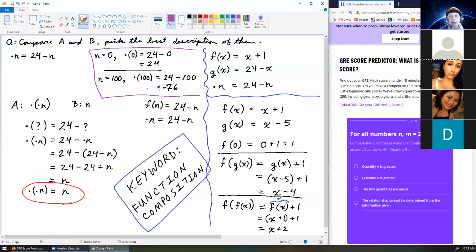Oh, true. That's why we had to figure out what dot n even means before we could plug numbers into it. Okay, fair enough. But once we determined what dot n was, it's pretty obvious the two are just equal. And at that point you've already answered the question and it would be a waste to keep going. Right. Okay.